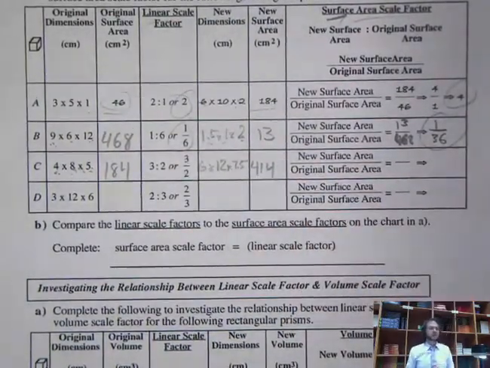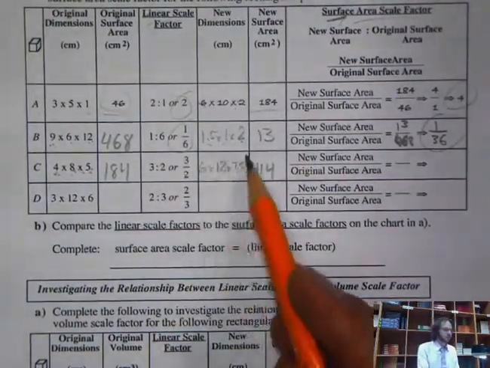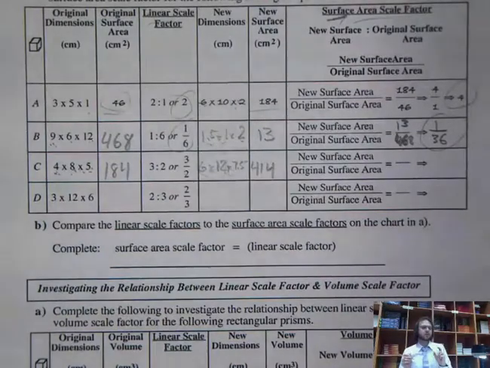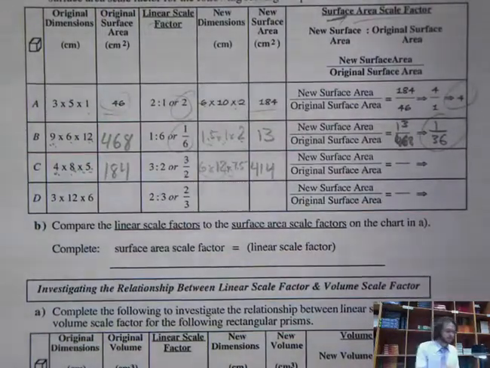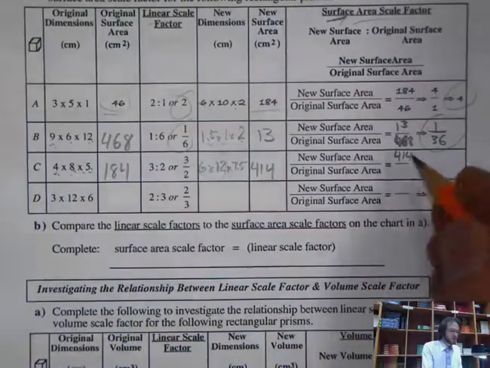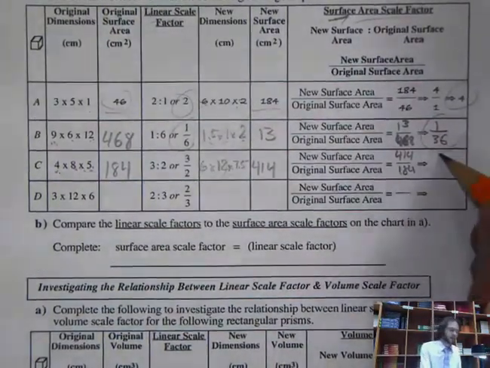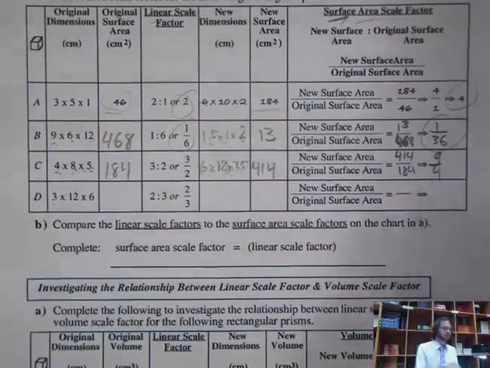Notice how each of these is multiplied by that, but we're only multiplying 2 linear scale factors at a time when everything's being added. So we end up getting 414 over 184, which is the same as 9 over 4.